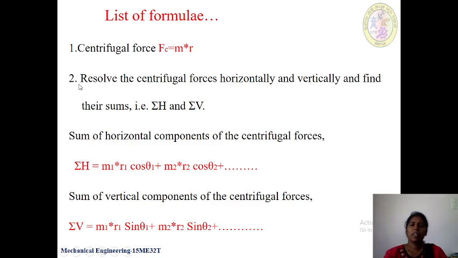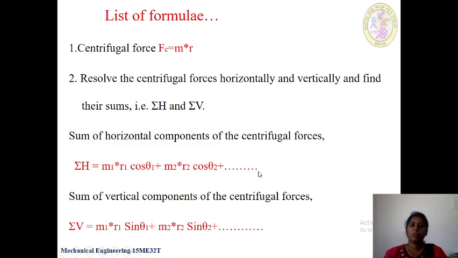In the second step, we need to resolve the centrifugal forces horizontally and vertically and find their sums, that is sigma H and sigma V. Sum of horizontal components of the centrifugal forces, sigma H, is equal to m1 r1 cos theta 1 plus m2 r2 cos theta 2 and so on.